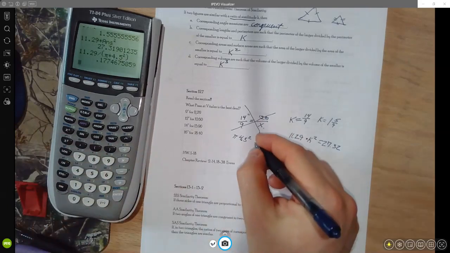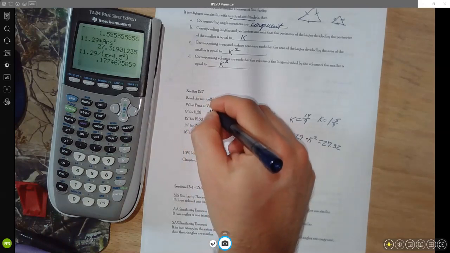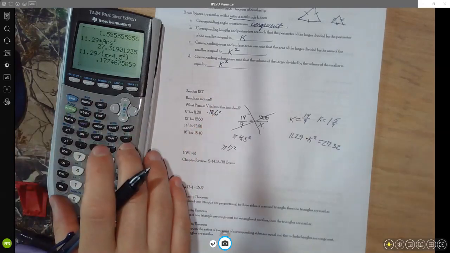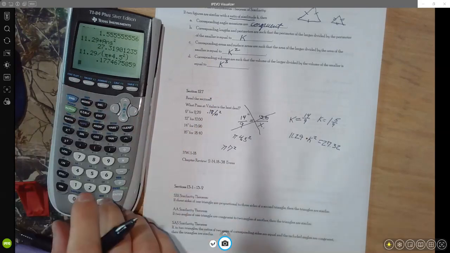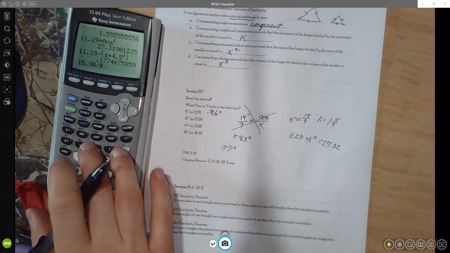Okay, that gives me a cost of about 18 cents per square inch. Now the 14-inch pizza would be pi times 7 squared. So let's do cost, 15.90 divided by the area.